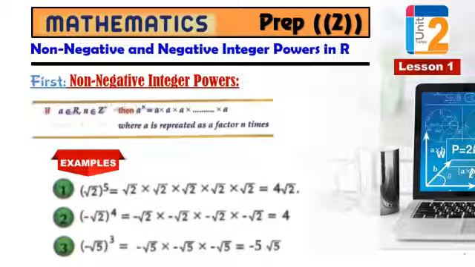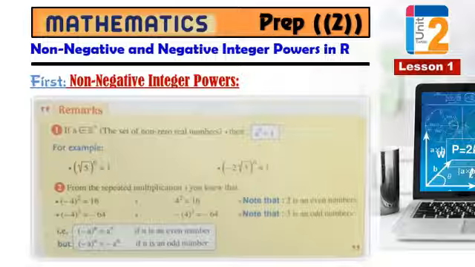In the third example, negative square root of 5 to the power 3 equals negative square root of 5 times itself only 3 times because the power is 3. And then we multiply to get the result. You know that you can use a calculator if you can't calculate by yourself.